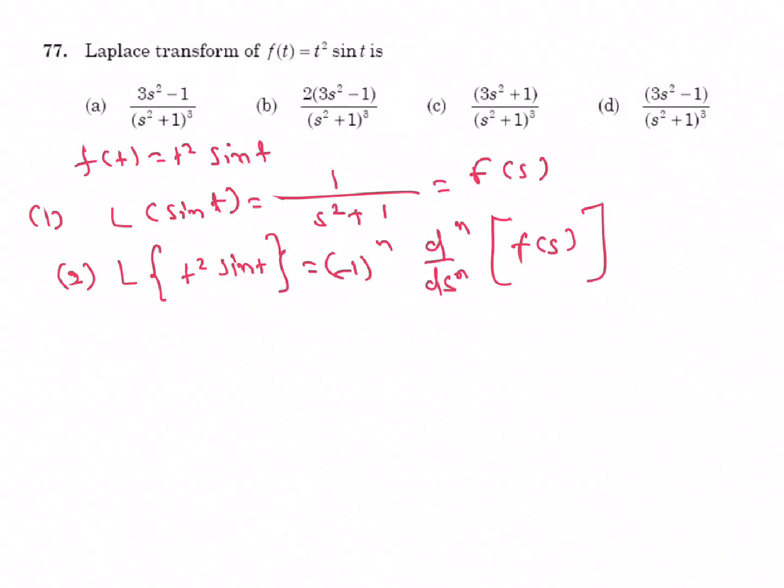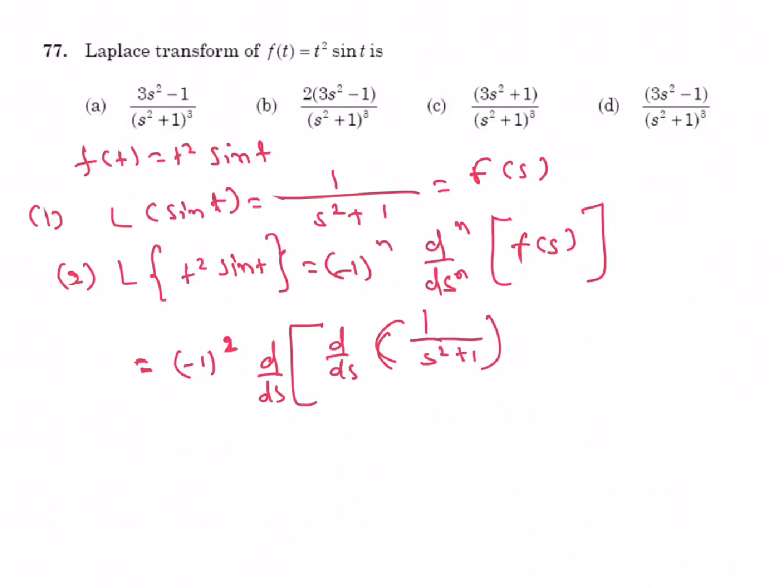So F of s is 1 by s square plus 1, so we will do minus 1 to the power 2 only, 2 times differentiation we have to do, of 1 by s square plus 1, u by v formula.